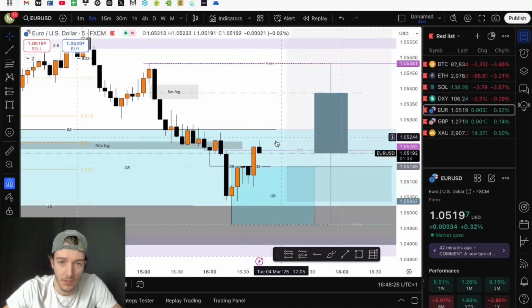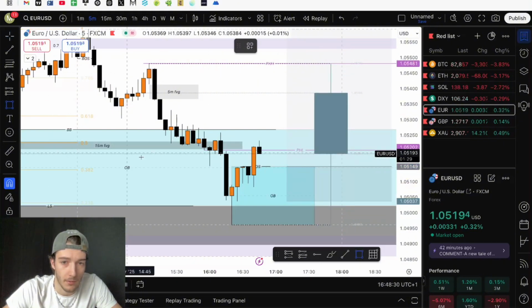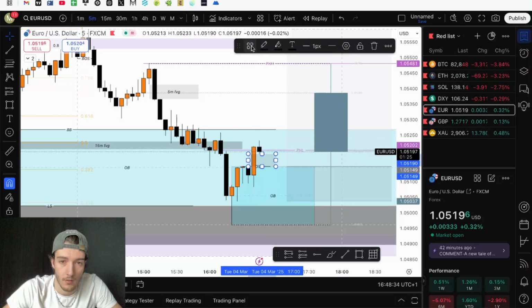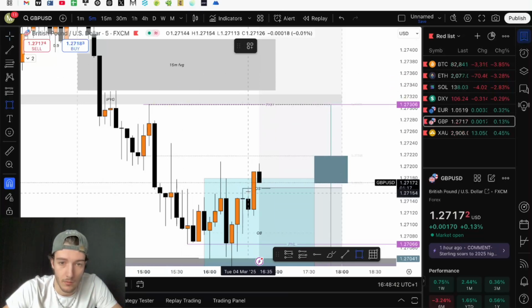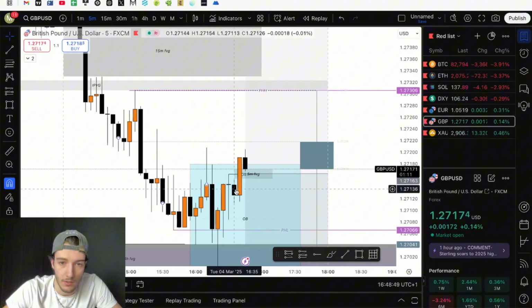I'm gonna delete this. We invalidated this breaker with this 5-minute bearish, and we are currently forming this bullish one here. Nicely on GU, same thing. We have this bullish one here that we're currently forming with a small breaker.